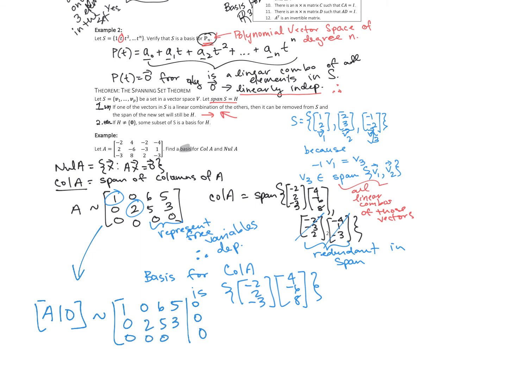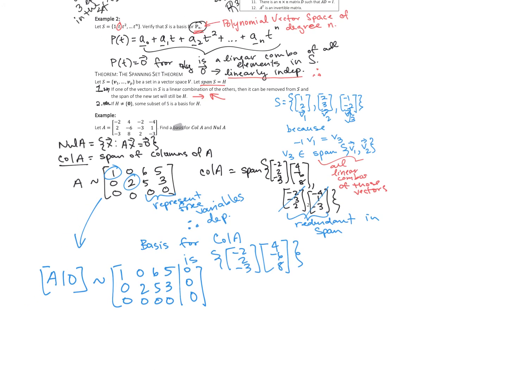What I need to do here is write this in parametric equation form. So x1 is equal to -6x3 minus 5x4.